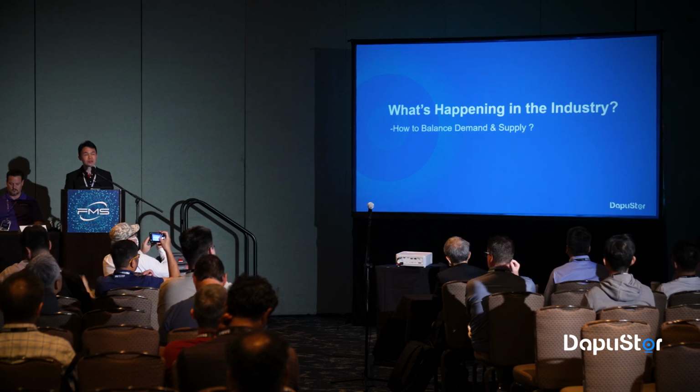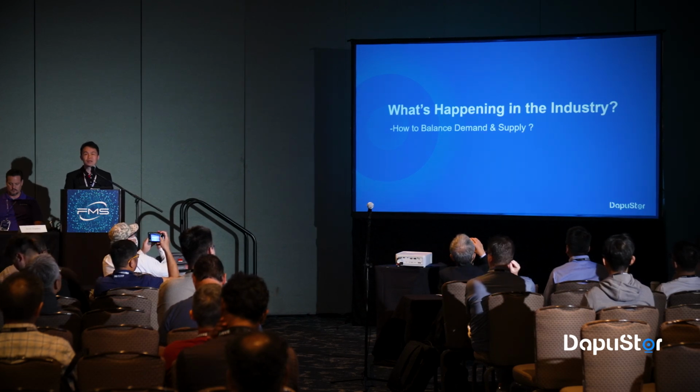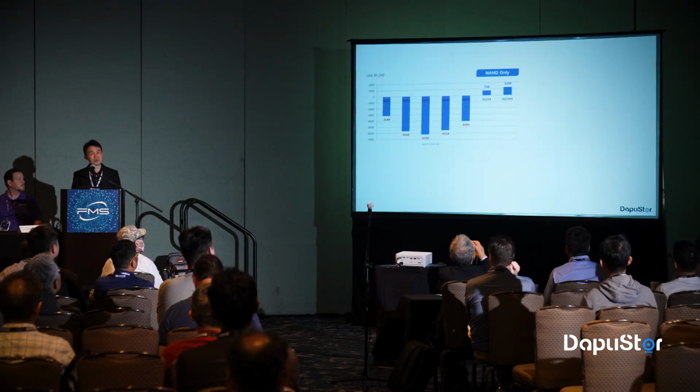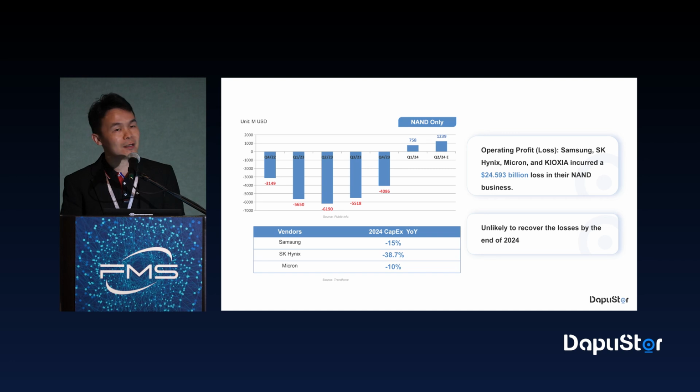First, let me ask you a question. What do you think is happening in the flash industry, basically for the demand and supply status? We have collected some data showing that NAND vendors have lost over 24 billion in the NAND business.